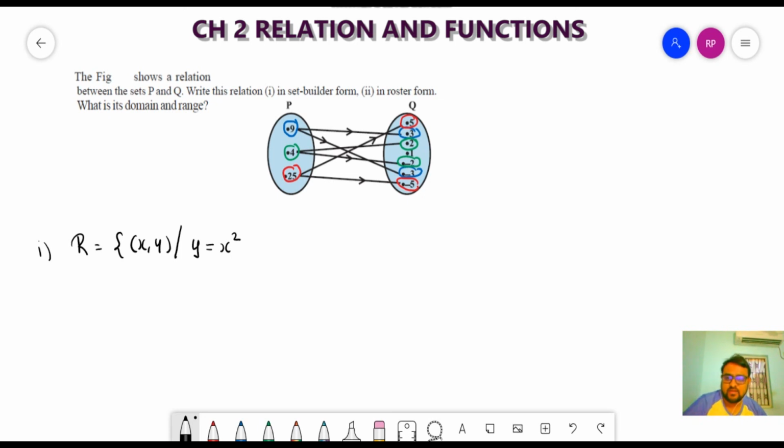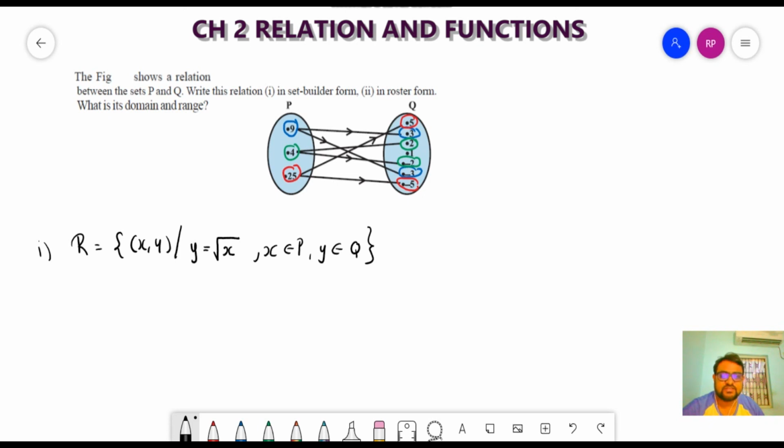Sorry, my mistake, it's not y equal to x square, it's y is equal to square root of x, or x is equal to y square, and x belongs to P, y belongs to Q. Clear?